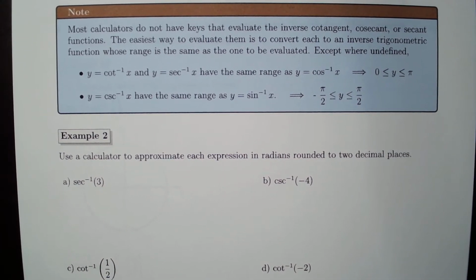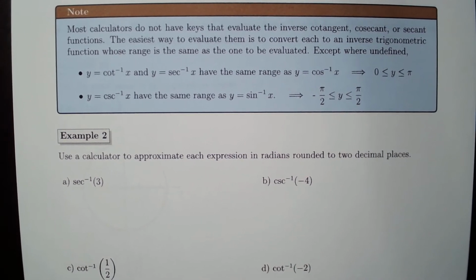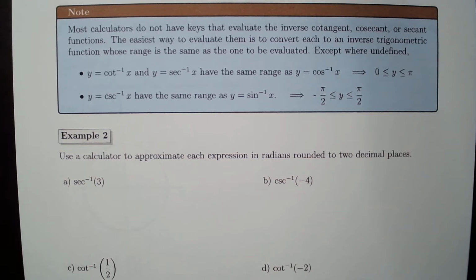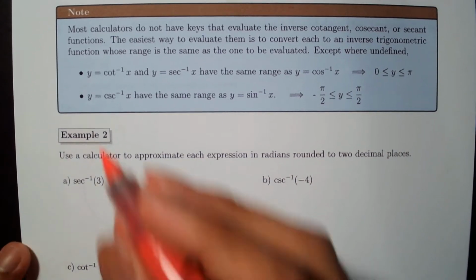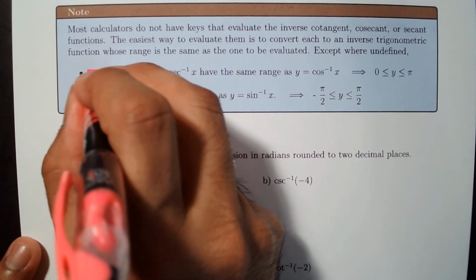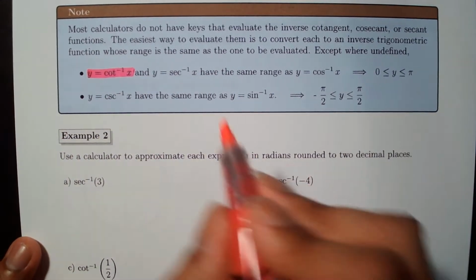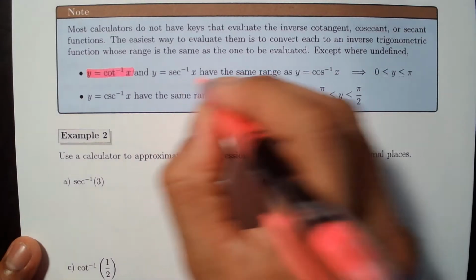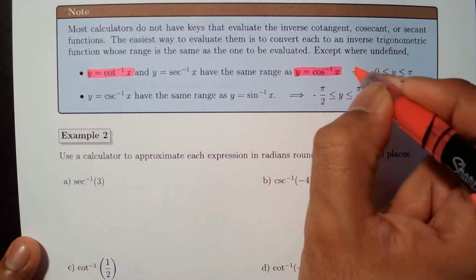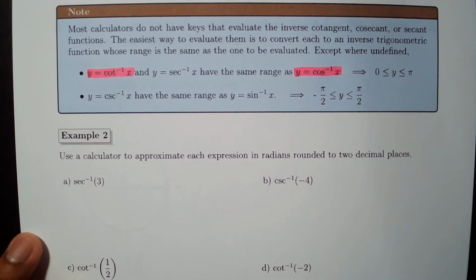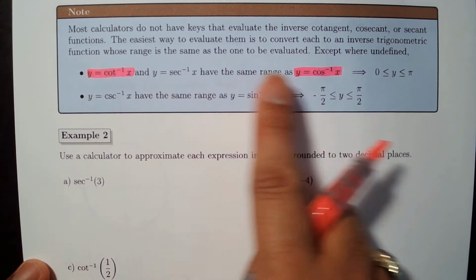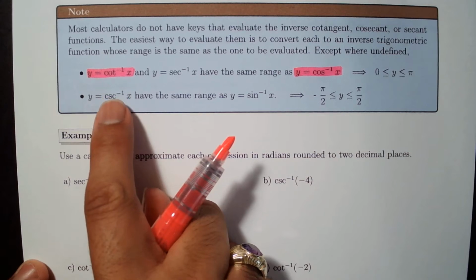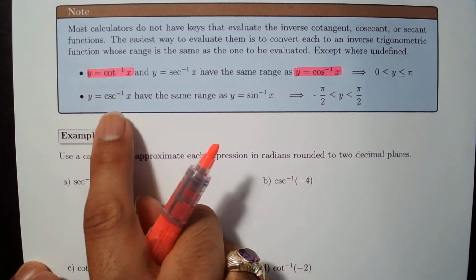In some cases, especially for the cotangent inverse, let me highlight that one. We need to keep in mind that the cotangent function and the secant function have the same range as the cosine function. So when evaluating inverse secant, we can just convert to cosine the same way we did on the previous page, and then use the calculator.